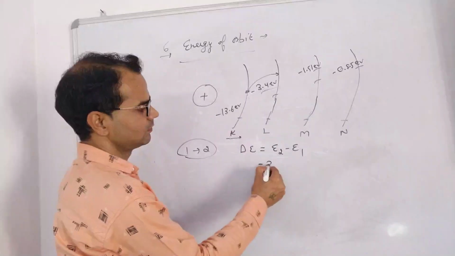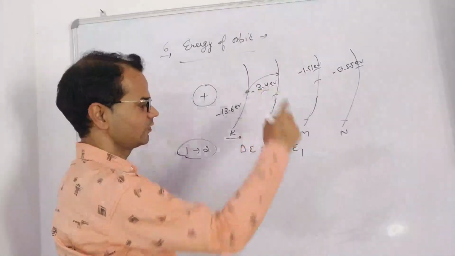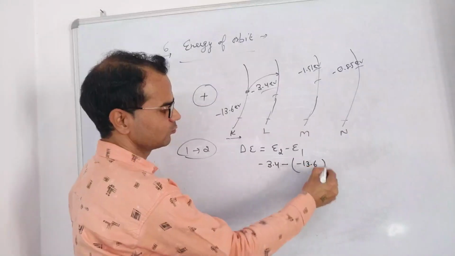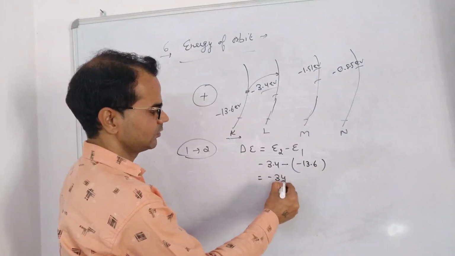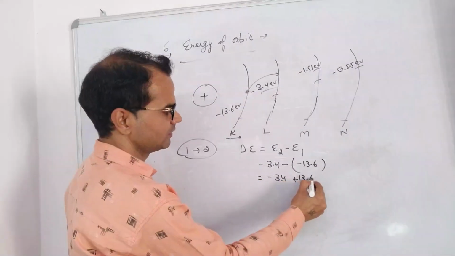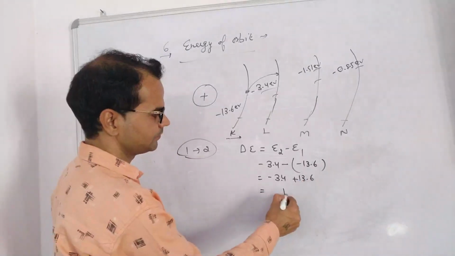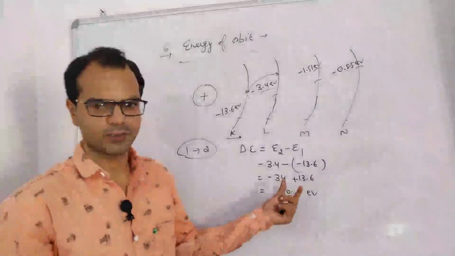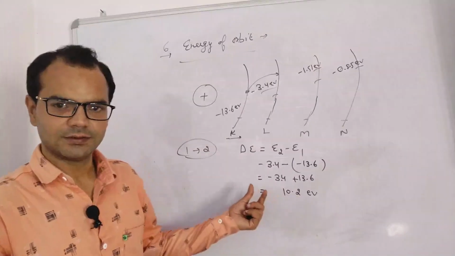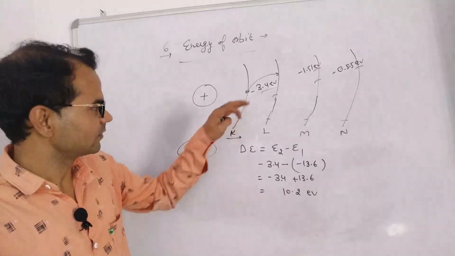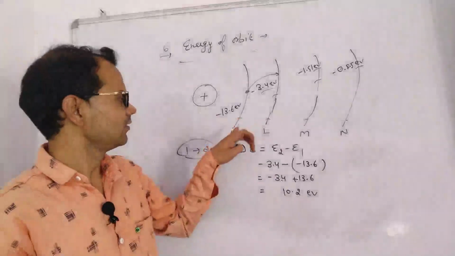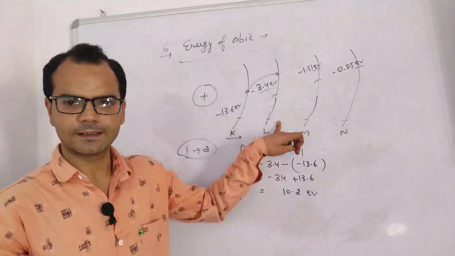E2 is minus 3.4, minus first energy orbit minus 13.6, so minus 3.4 plus 13.6, the value will be 10.2 electron volt. So for hydrogen, if the electron absorbs 10.2 electron volt energy, then it will excite from the first shell to the second shell.